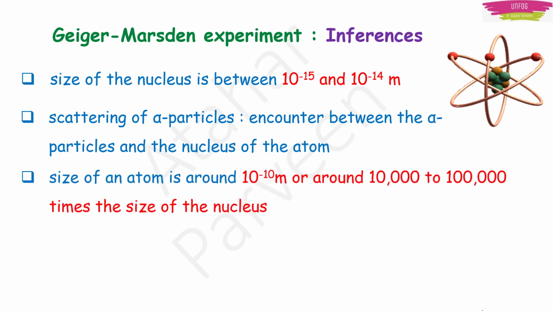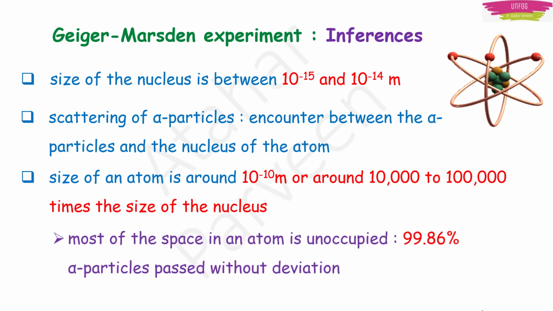And the size of the atom is around 10 to the power minus 10 meter, or around 10,000 to 100,000 times the size of the nucleus. Most of the space in an atom is unoccupied. That's the reason why alpha particles passed through the foil without any deviation. But a few passed with deviation and very few bounced back also, right? So with that observation, they told that there is a nucleus inside the atom.